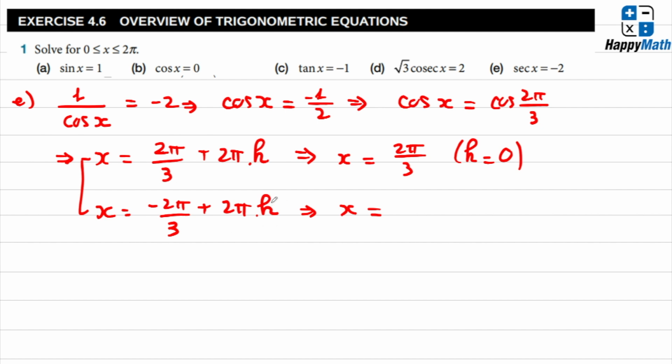K equal to 1 is 2 pi minus 2 pi over 3, you get 4 pi over 3. And if k equals 2 or 3, the total value of x in this equation will be greater than 2 pi, bigger than this interval, so it cannot be the right answer. So question E, we finished.